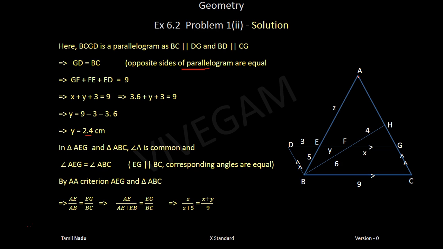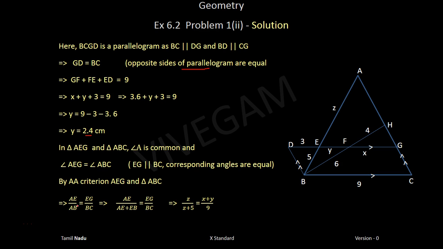Therefore, these two triangles are similar. That is, AEG is similar to ABC. Now take the corresponding sides: AE divided by AB equal to EG divided by BC. I hope I don't need to explain the corresponding sides, right?